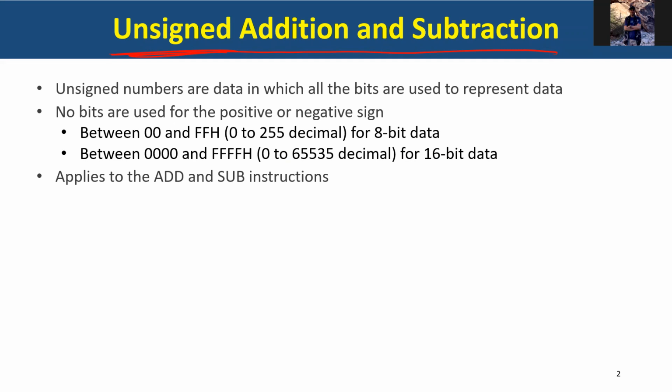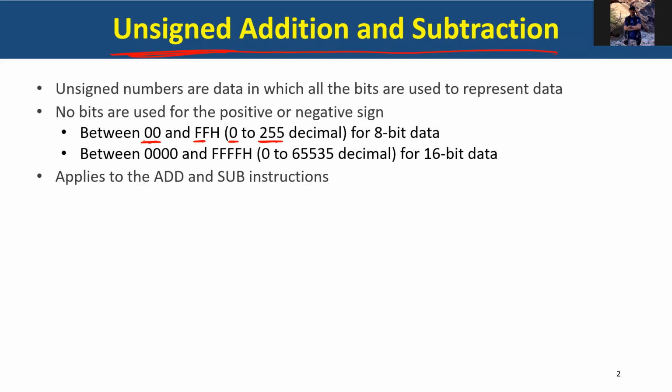If you have 8 bits and you use all bits to represent the number, then you can represent the numbers from 00 until FF, or in decimal equivalent 0 to 255 as a max.